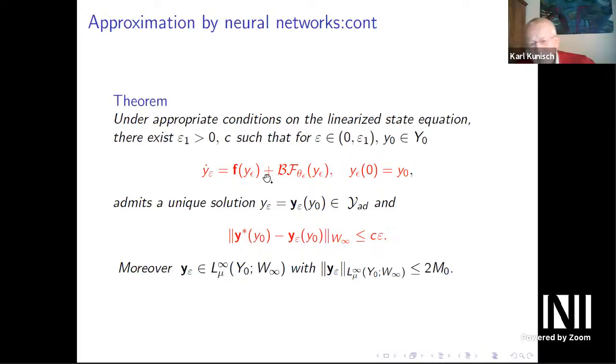This is not so obvious, because the feedback functions a priori don't have the nice properties that the original functions would have. So there is quite a bit of work to do. We basically use implicit function theorem type techniques to verify this.